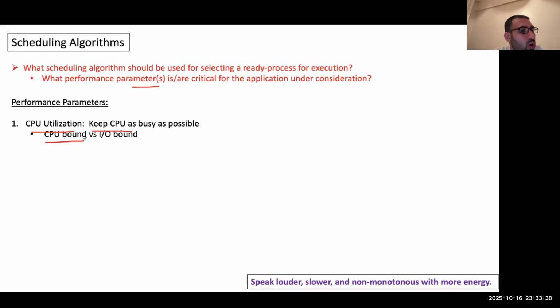So if you are using these four processes, they will definitely have low CPU utilization. So CPU utilization is higher when you have CPU bound processes as compared to IO bound processes.